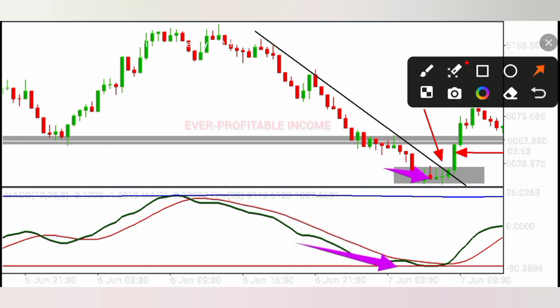Now you have to wait for the moving average to start curving upward. It curves upward and it intercepts right here with the MACD. As soon as it has intercepted with the MACD, you know that it is time for you to take a trade. When you look at the point at which it intercepted with the MACD, you can trace it upward to the trend line.